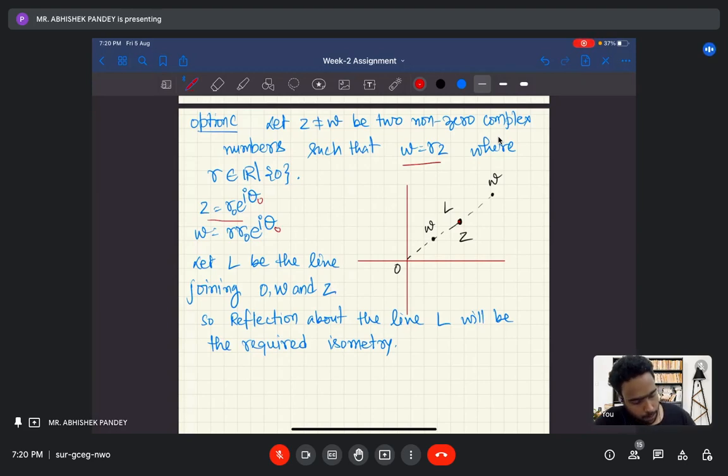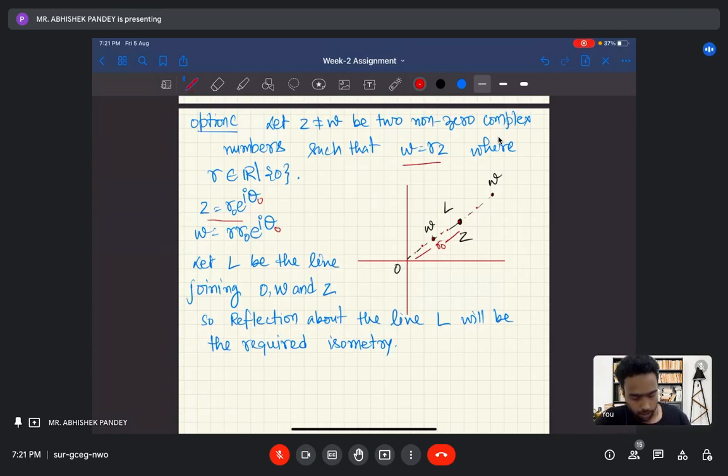So basically what this will do, RZ, this will either send W to some point on this radial line, or some point here, depending upon the R. If R is less than 1, it will be less than R naught. So this is your R naught, and up to this distance is R into R naught.